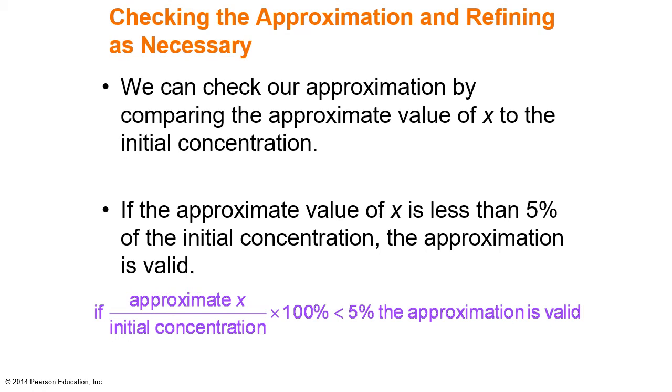And if we multiply that by 100% to change it into a percentage, if that value is less than 5%, then we know that we can make that mathematical approximation of ignoring X in the change of our initial concentrations.